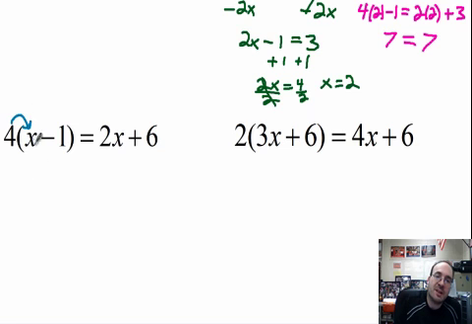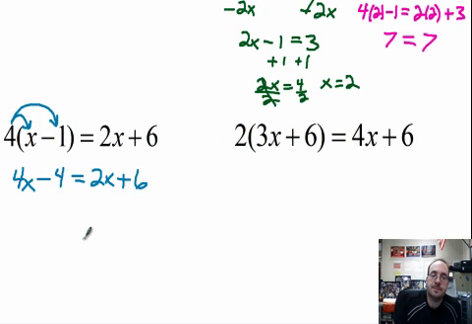Next example here, I actually have a grouping symbol that I will get rid of. So 4 times x is 4x, and 4 times negative 1 is negative 4. And on the right hand side I have 2x plus 6. And again, I look at this and I have the smaller number on the right, so I will subtract the smaller number. 4 minus 2 gives me 2x.